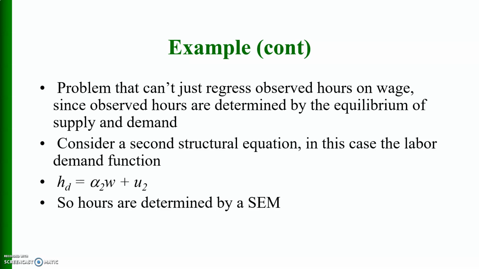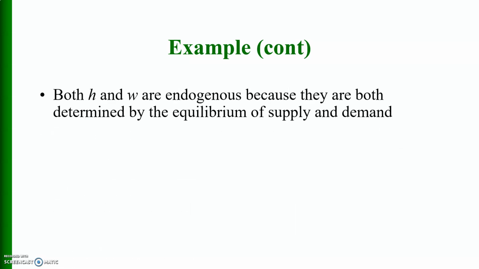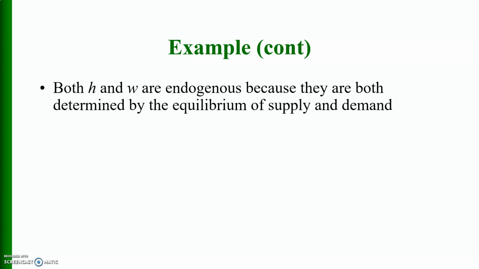So hours worked are determined by a simultaneous equation model. Both hours worked and wage rate are endogenous because they are both jointly determined by the interaction of the supply and demand equations.